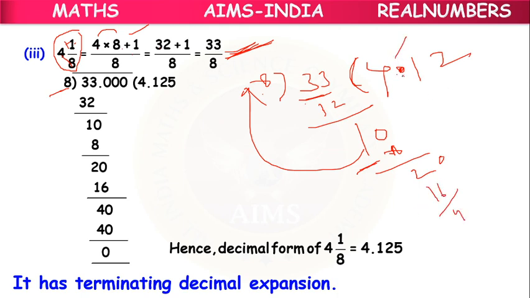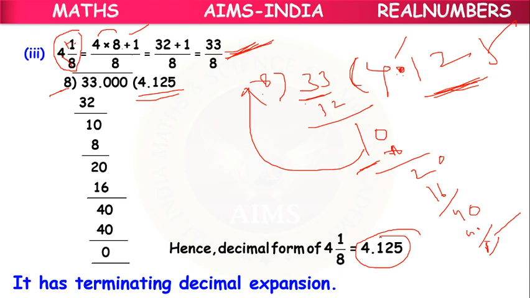We can take a 0. 8 5 times 40, cancel, 0. So 4.125 you are getting, children. Remainder is 0, means after 3 finite decimal places, the division process has stopped. So the decimal form is 4.125.